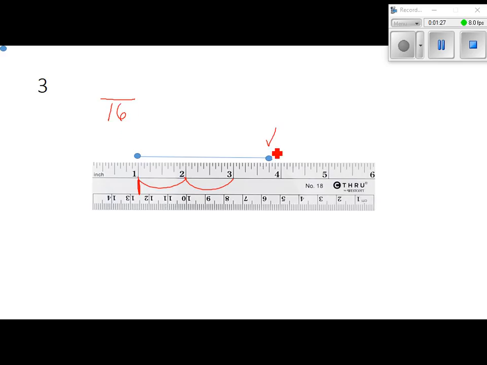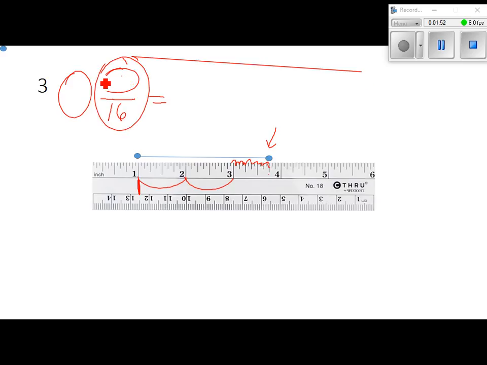In this case, you'll have to reduce it once you get whatever goes on top, and you get what goes on top by counting the spaces from here out to where it goes there. Don't count my spaces because I didn't do it right, but you count how many spaces out you go. So you're going to have a whole number, that top number you got, over 16, and then this one's going to have to be reduced.